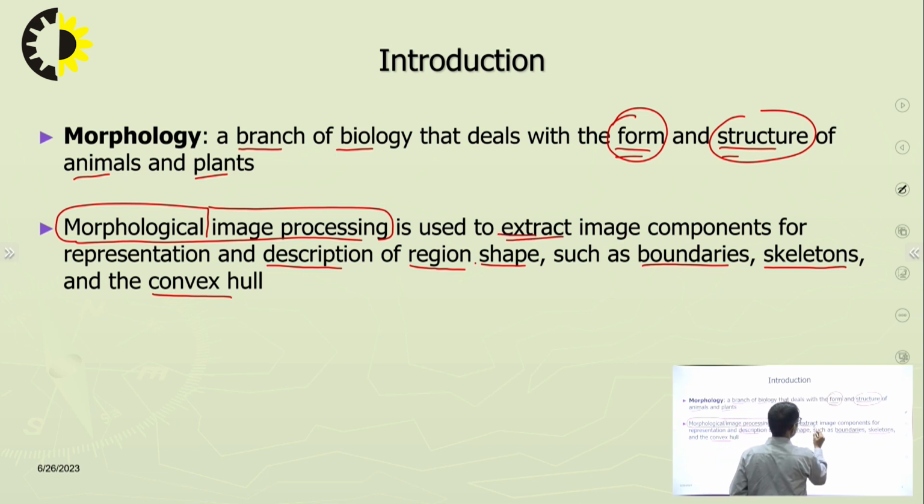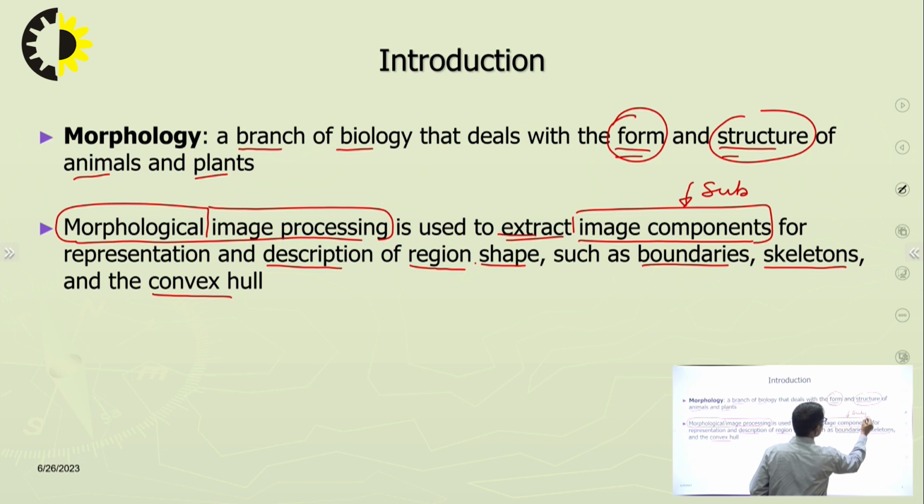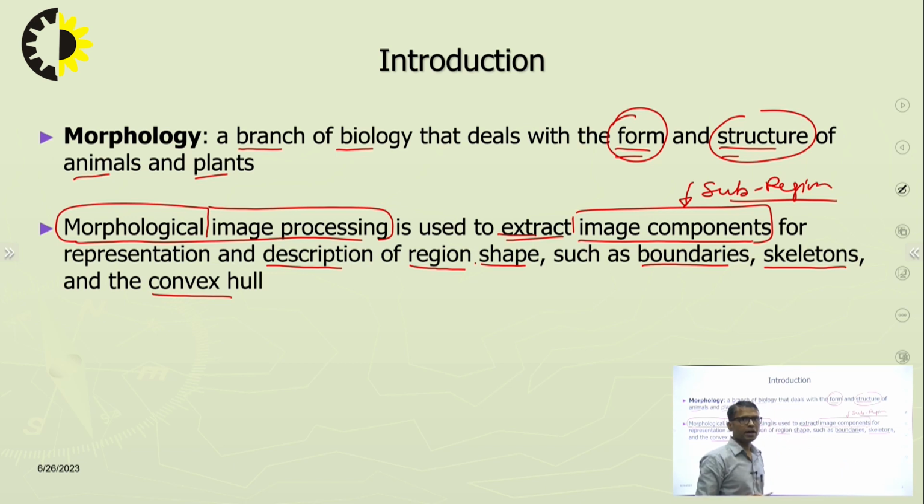extraction of image components. Image component means simply the sub region. If a human being is there, we are simply saying where is the face, where are the eyes, where is the nose. These are the image components or sub regions.